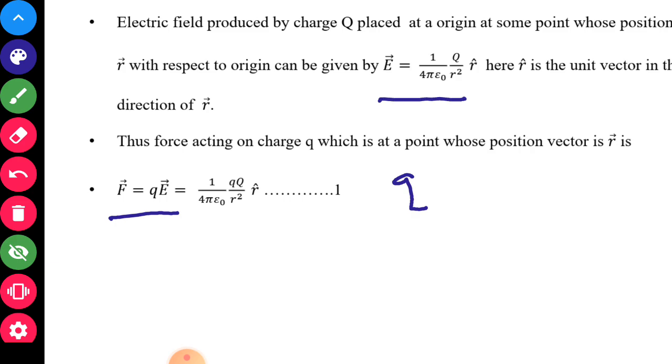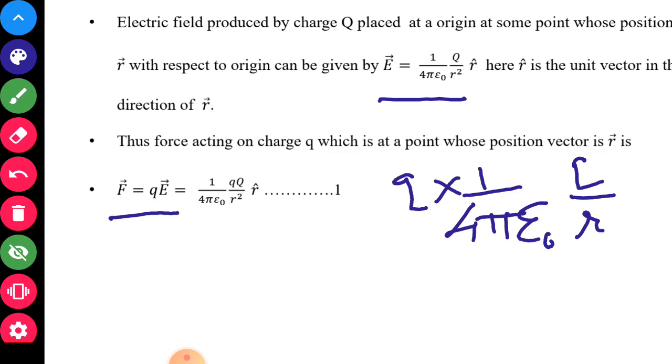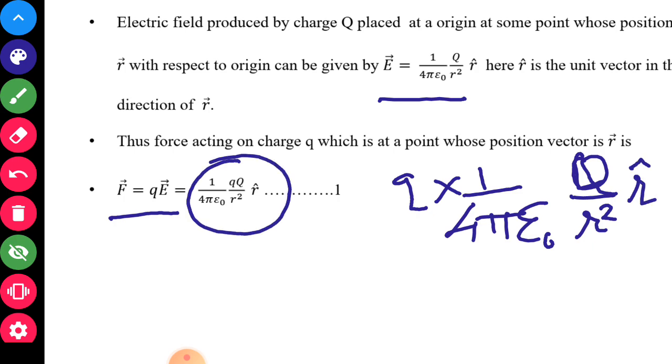So if you multiply this by 1 upon 4 pi epsilon 0 Q upon r square r cap, because the source charge is capital Q, then you will get this value of the force, which is an equation showing you Coulomb's law, that is 1 upon 4 pi epsilon 0.